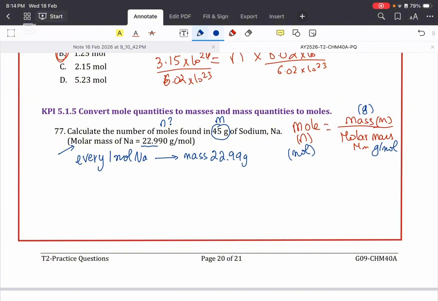This is the mass that I get from the periodic table. So if I have 45 grams, how many moles would this be? The moles equal the given mass over the molar mass, and the answer is going to be 1.96 moles.